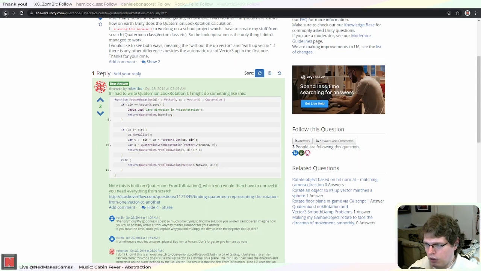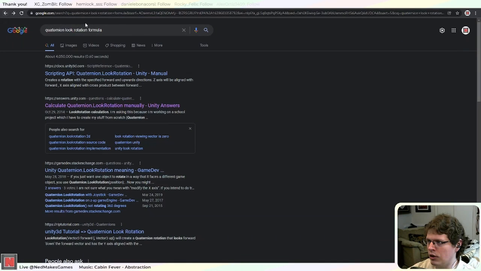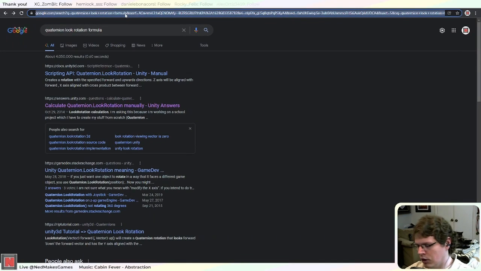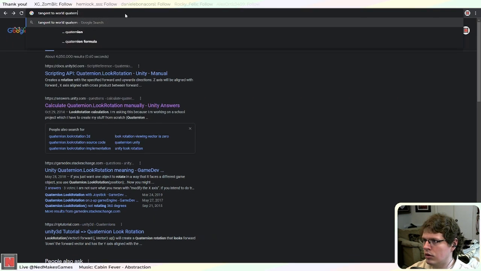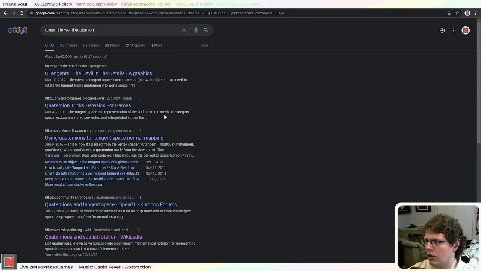What we could do is just do a normal tangent space matrix and then convert it to a Quaternion. Maybe I should do tangent to world Quaternion and see if there's an easy way.